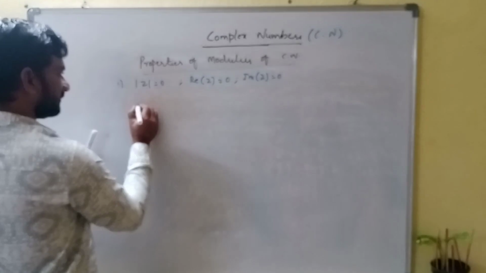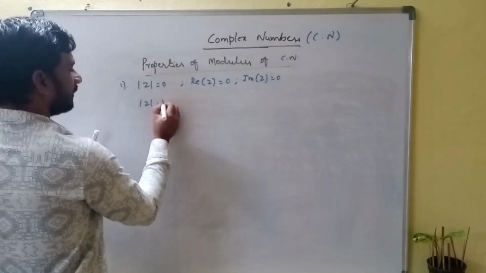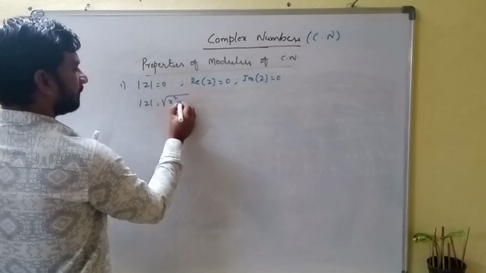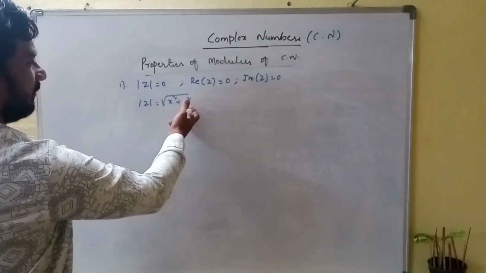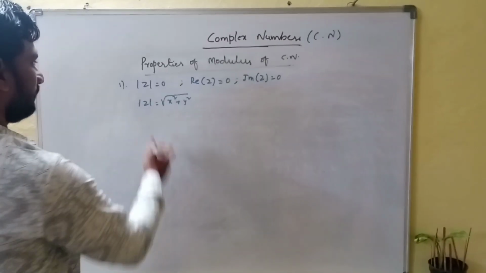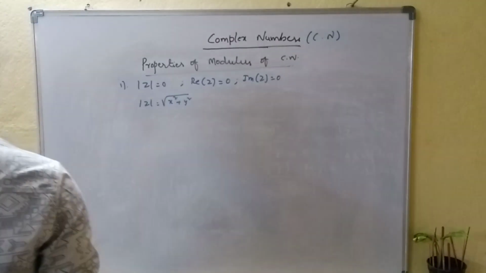That means mod z equals under root x square plus y square. If you substitute 0 for x and y, that becomes 0, so the modulus of z equals 0.